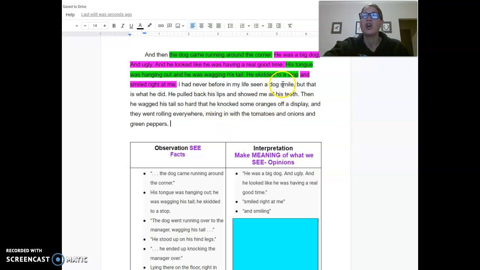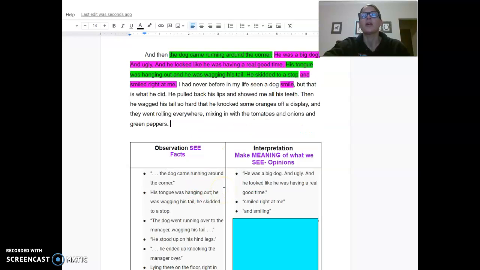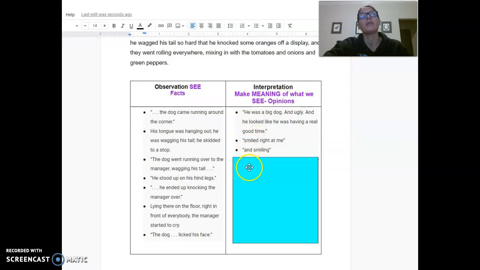Okay, so the idea that the dog is smiling. That's her interpretation. Then we have, the dog went running over to the manager, wagging his tail. Oh my goodness, this is not just paragraph 2. I'm sorry, guys. This was also from the other paragraph on the next page. I didn't put it on here. I failed. The dog went running over to the manager.